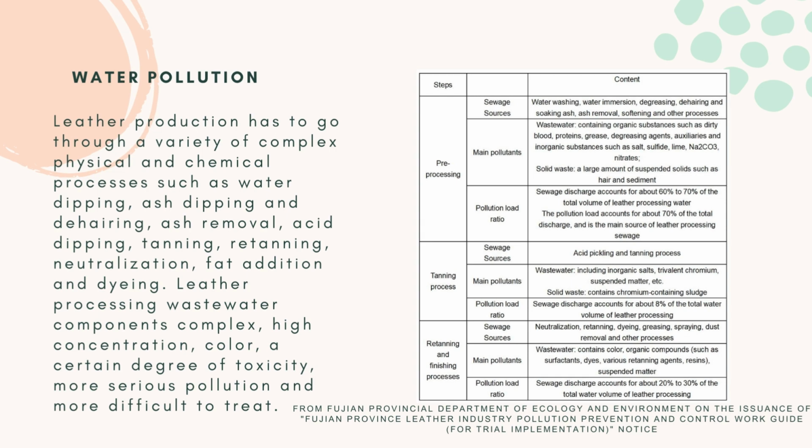Leather processing wastewater components are complex, high concentration, colored, with a certain degree of toxicity, serious pollution and more difficult to treat. The table mainly shows the sources of wastewater, the main pollutants and the pollution load ratio of the 3 processes. The first 2 processes have solid waste generation, the third has only wastewater generation and discharge.